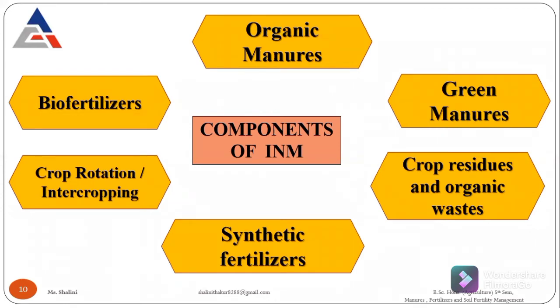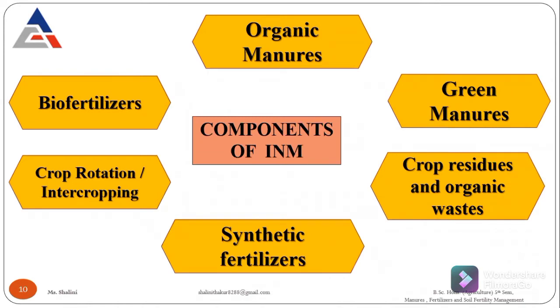We already talked about organic manures. Organic manures are those manures which are made up from the dead and decaying parts of living plant tissues and animals. They are of two types, bulky and concentrated. Bulky are those which are applied in high amount, but they have low nutritive value.